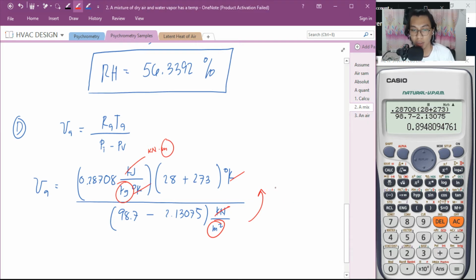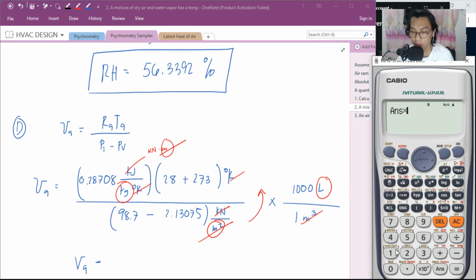ang lalabas dito, meter cube per kilogram pa rin to. Okay? So, kailangan mong i-multiply yan ng unit conversion. So, you have 1,000 liters per 1 cubic meter. So, makakancel natin yung cubic meter. Ito, tsaka ito. So, this will become liter per kilogram. So, the answer is, times natin ng 1,000.